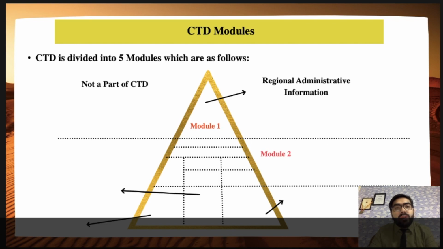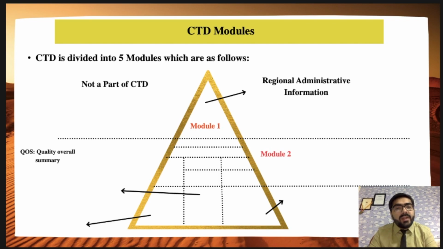Then coming to module 2. Before going into module 2, we should know what the quality overall summary is. QOS means quality overall summary and TOC means table of contents.